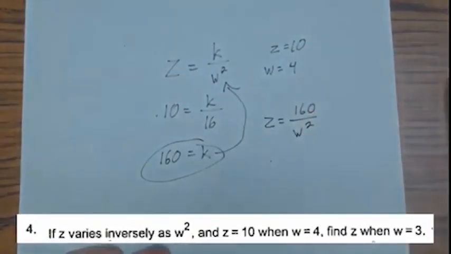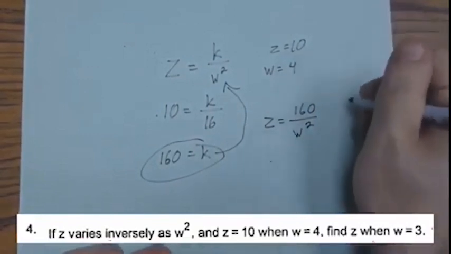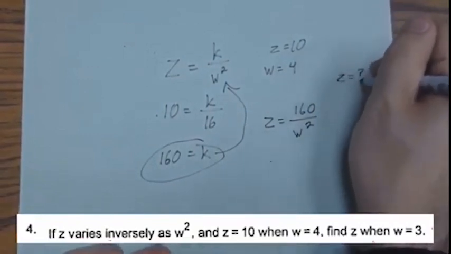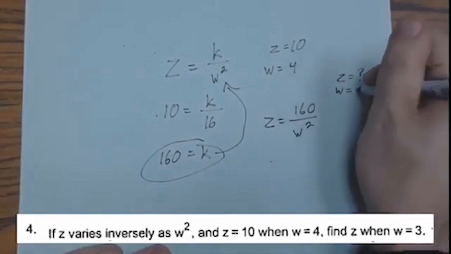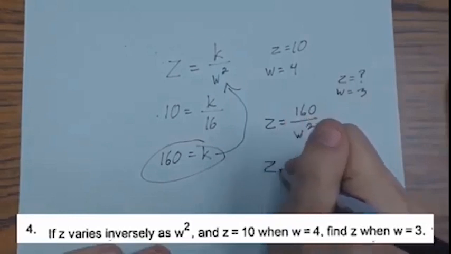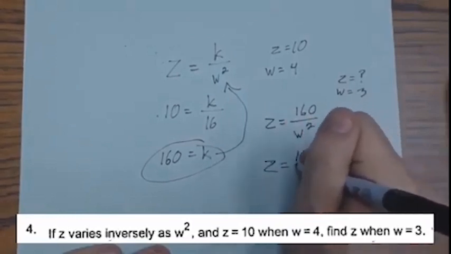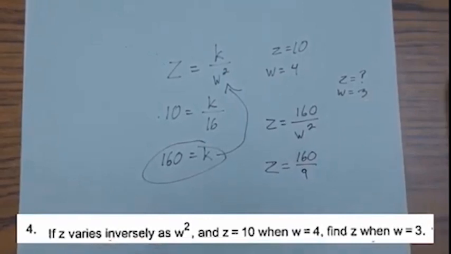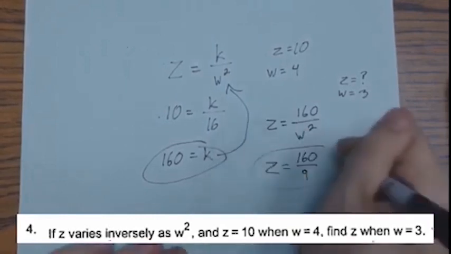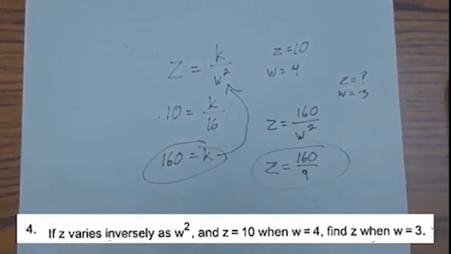And then the rest of the problem said, find z when w equals 3. 3 squared is 9. We have 160 over 9. We're told to simplify our answer. That doesn't divide evenly. We can just make 160 over 9 the answer.